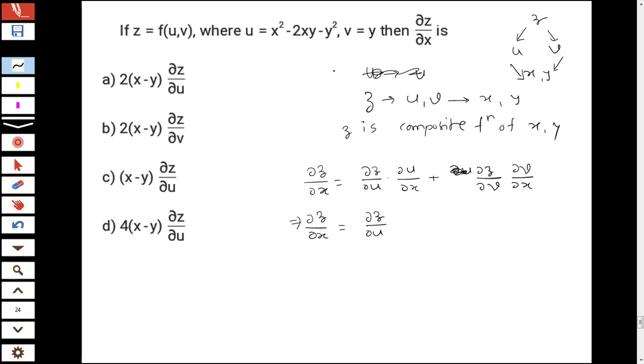And del u by del x is 2x minus 2y, plus del z by del v as it is, and del v by del x will be 0. So it is 2 into (x minus y) del z by del u. The required del z by del x is equal to this, 2(x minus y) del z by del u. So option A is the correct answer. Simply we are using the derivative of a composite function.